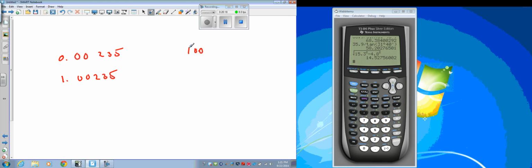If you went out and measured something and you measured 100 units and you said I am significant to the units place, then you have three significant digits. But if you were using a 100-foot ruler and you had 100, then you're only significant to one digit. You're only using one of those 100-unit rulers to show that it's 100 feet.